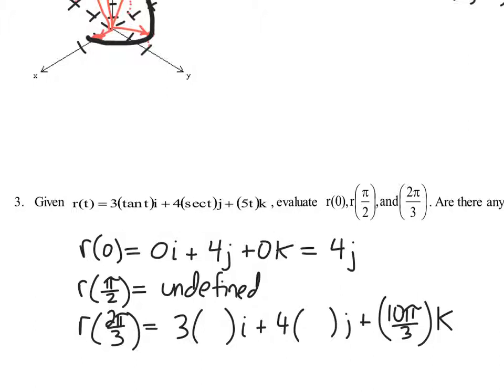All right, so tangent of 2 pi over 3. That's square root of 3 over 3, but it would be negative. Square root of 3.